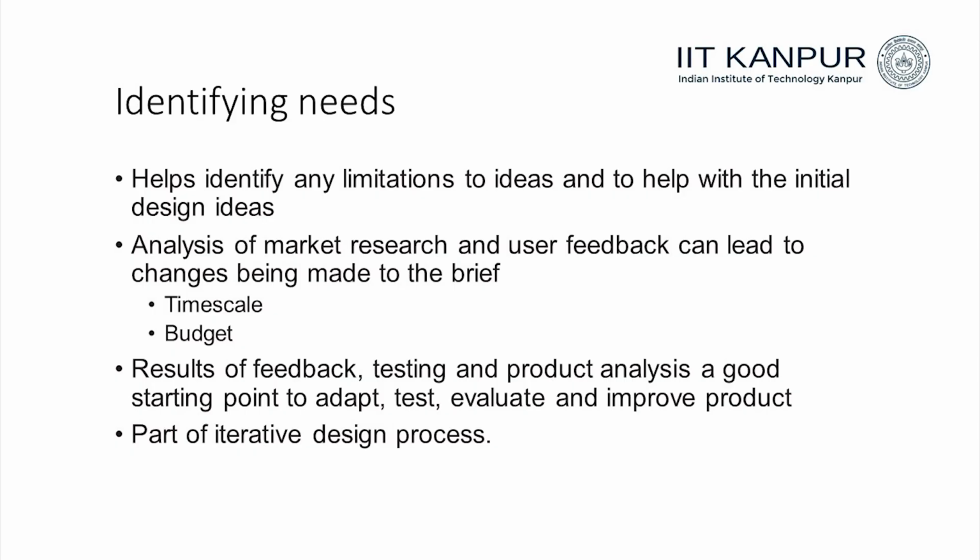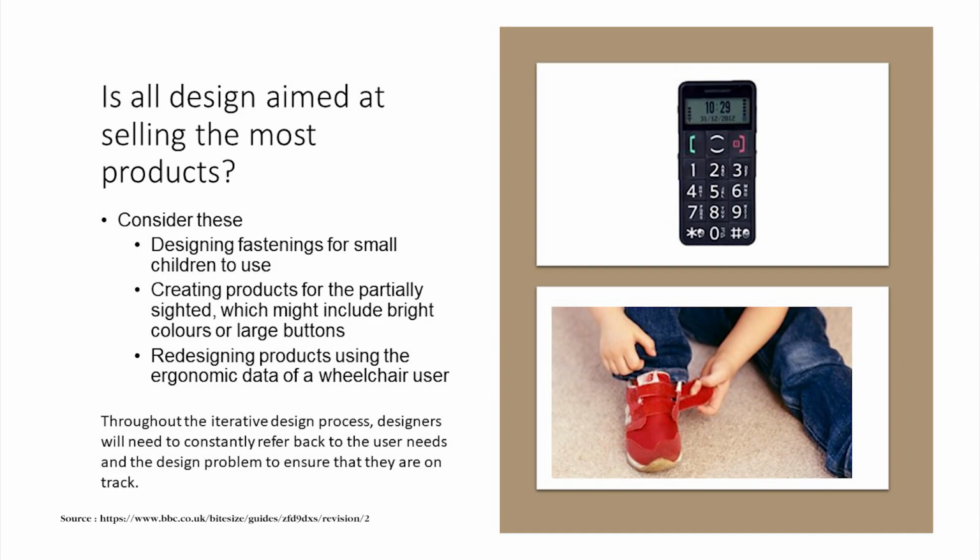The other thing you need to keep in mind when you are thinking about user needs is whether all design is aimed at selling the most products. So, consider this calculator here. So, what is special about this calculator? What do you see? It is showing the time, yes.